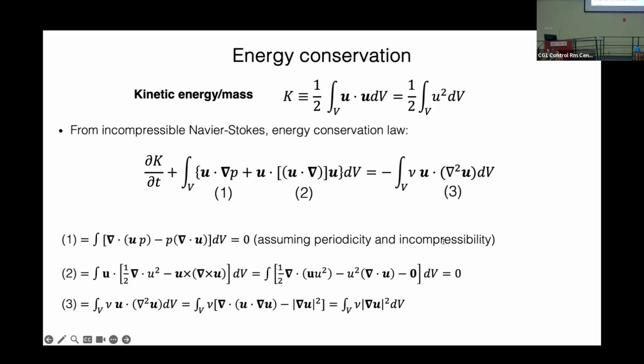So contributions 1 and 2 integrate to 0. The third term, which involves the viscous dissipation, is non-zero and can be rewritten as the volume integral of nu, the kinematic viscosity, times the vorticity magnitude squared.